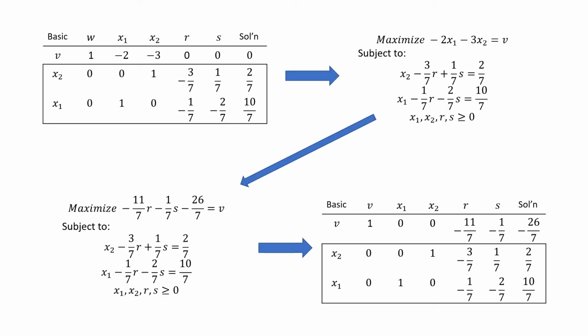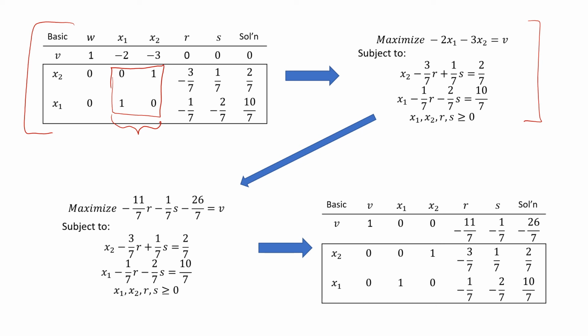Now, we still have the same old problem that we had before. This time our basic variables, if you just look at this, are x1 and x2. They're the ones that form the basis. They're the ones that appear uniquely in each equation. You can take this tableau and rewrite it as a linear program, which is what we did here.